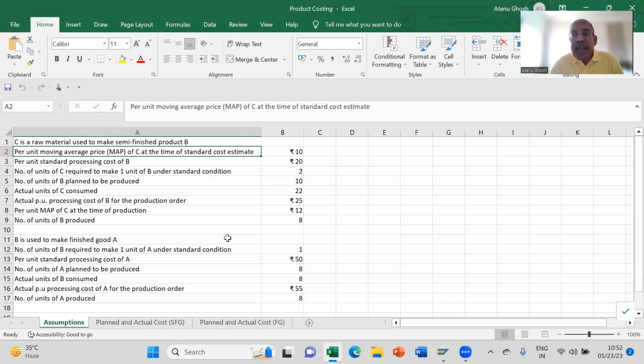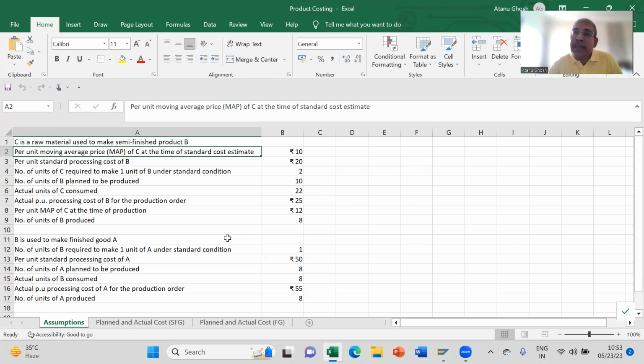Whereas the value at which semi-finished goods and finished goods are produced is very much to do with the internal efficiency or inefficiency of the organization. And it's one of the purposes of doing this material costing to figure out how different the actual cost of producing semi-finished goods and finished goods is compared to what it should be under standard condition. This is the calculation of variance as typically cost accountants do.